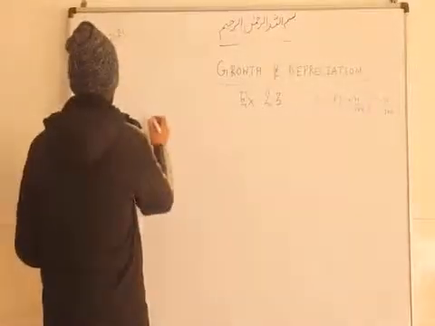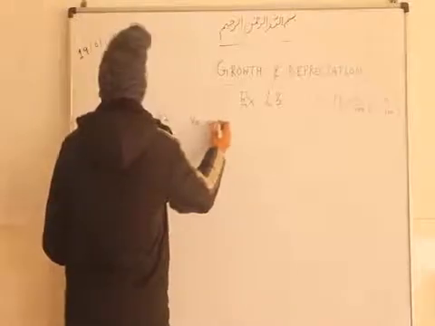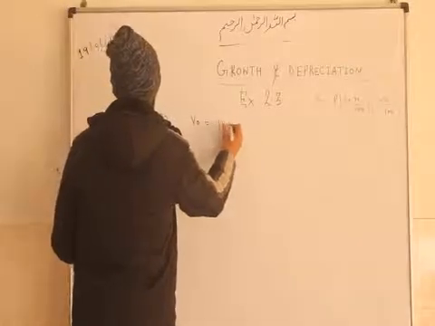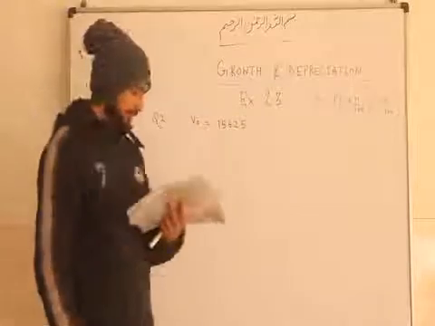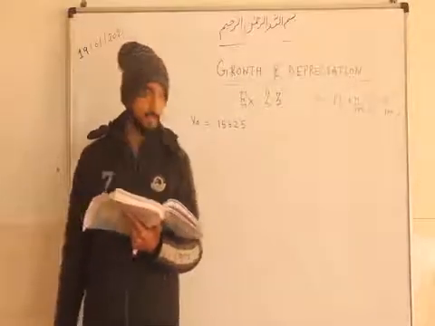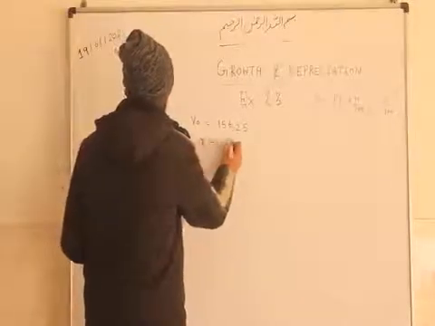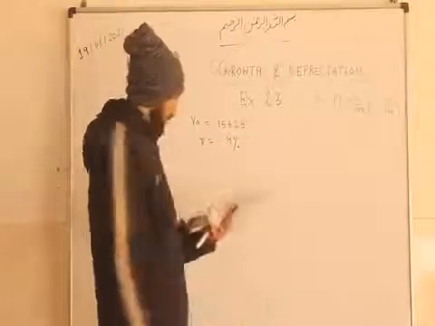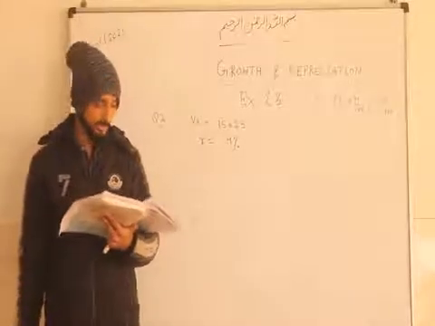This is the present population. So in question number 2, we can write V naught equals 15,625. If the population increases at the rate of 4% every year. Okay, so the rate is given here, 4%. What will be the increase in the population in the next 3 years?